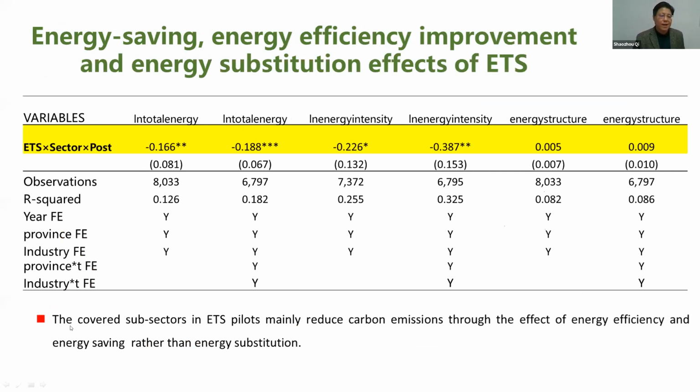We can find that the covered subsectors of the ETS pilots mainly reduce carbon emissions through the effects of energy efficiency and energy saving rather than energy substitution. That means these two channels, energy efficiency and energy saving, can explain why the ETS pilot policy benefits carbon emission reduction.